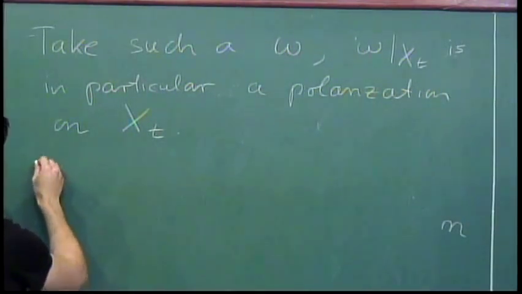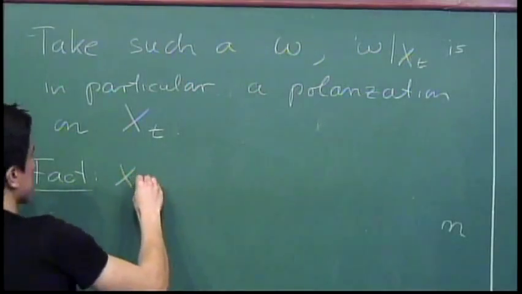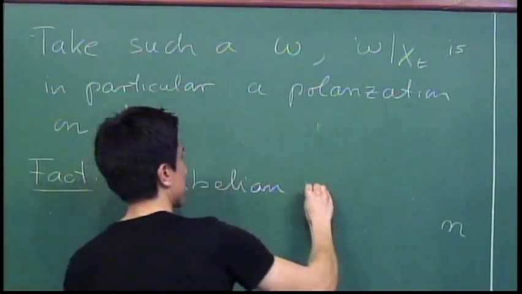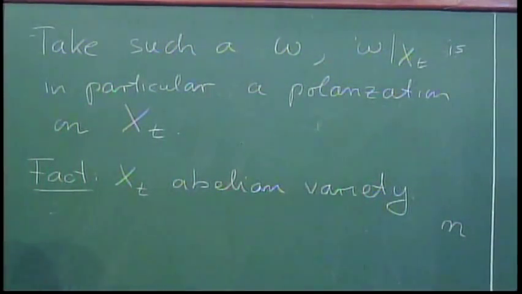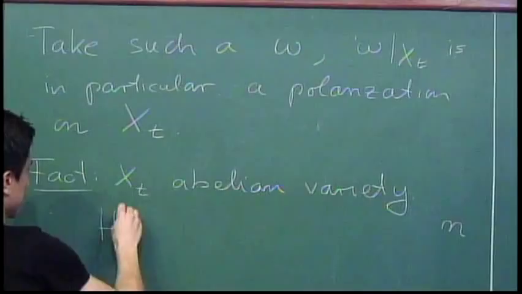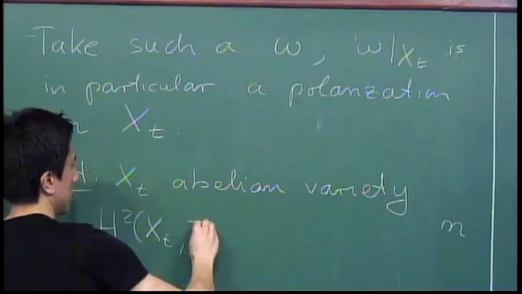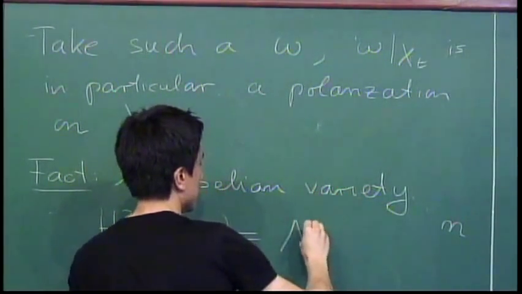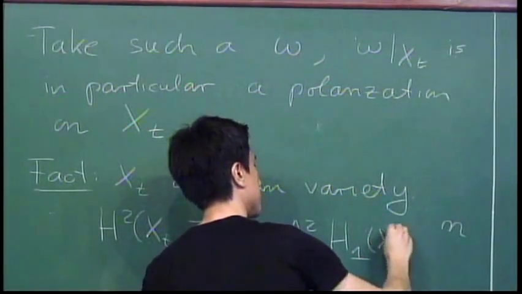Since X_t is an Abelian variety, we have an identification of the integral cohomology, which we can see as integer valued two-forms on the homology.